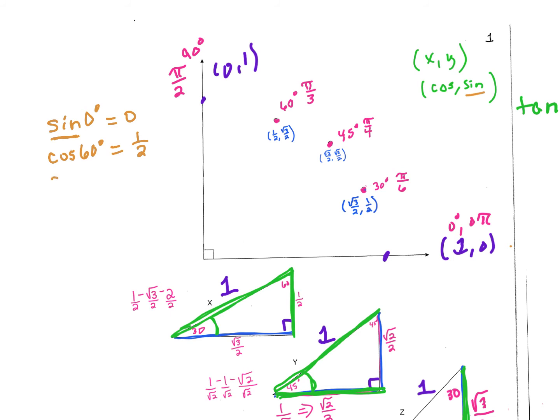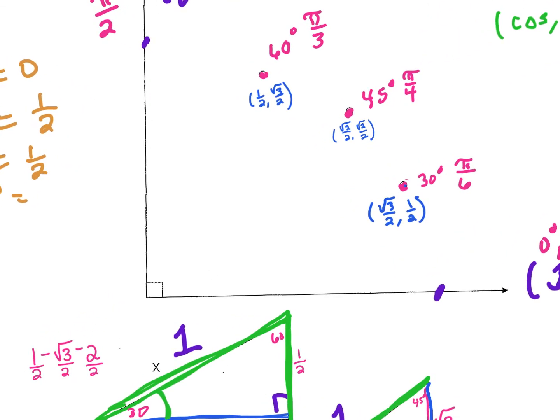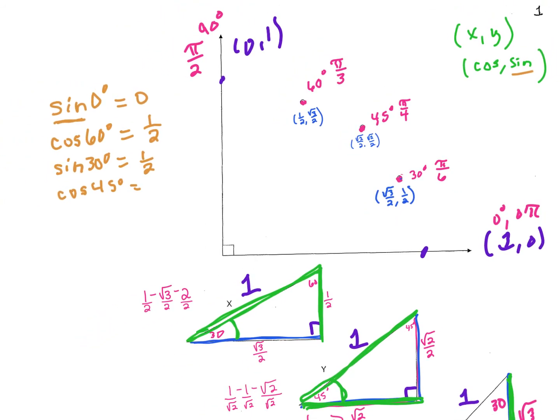Winston, what's the sine of 30 degrees? 1/2, yes. And Cleo, what's the cosine of 45 degrees? So go to the 45-degree coordinate, and for cosine, are we going to look at the x or the y?